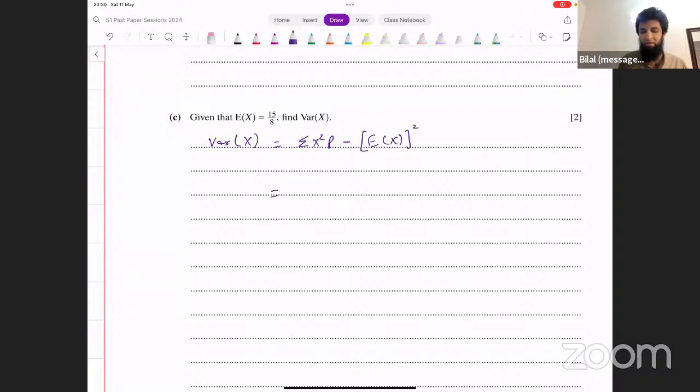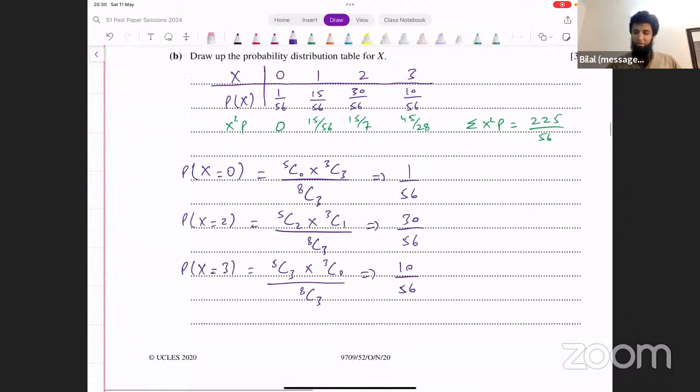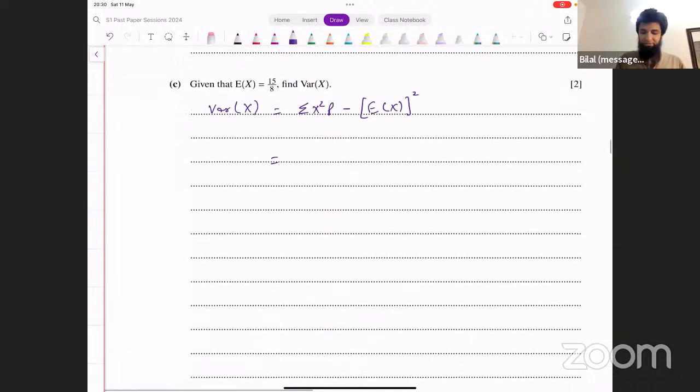That's the formula for variance. What is sigma X squared P? 225/56. Subtract from this square of 15/8. And that will be your variance. You can see what that is. Okay, this is giving me 225/448.